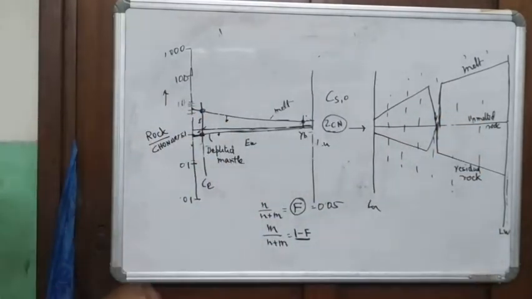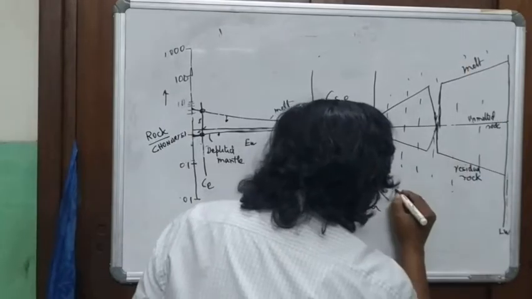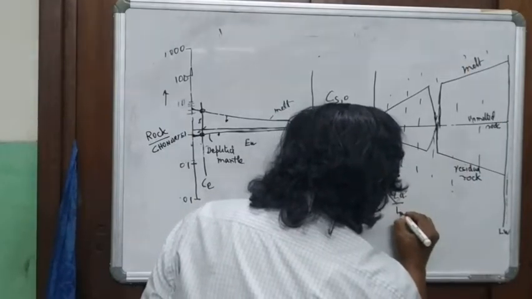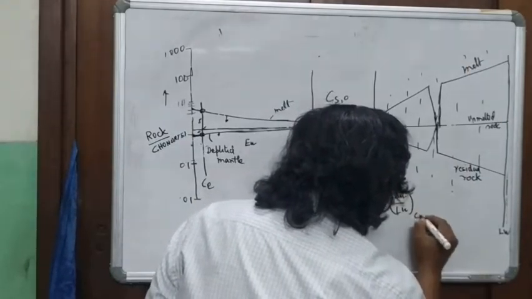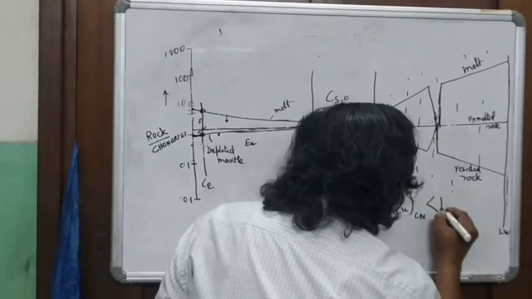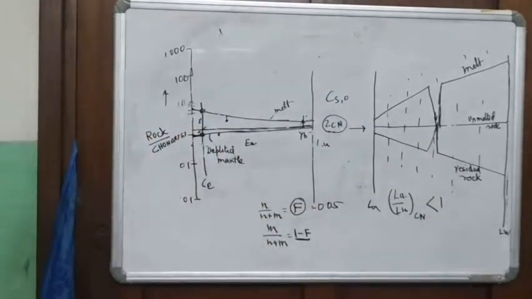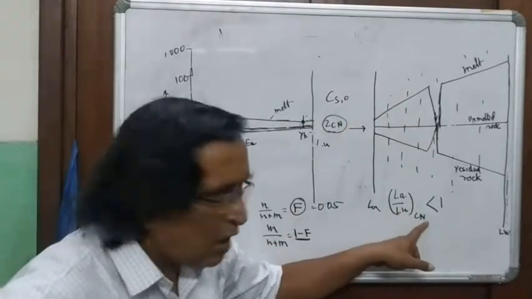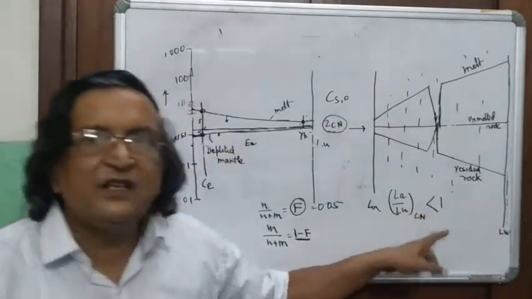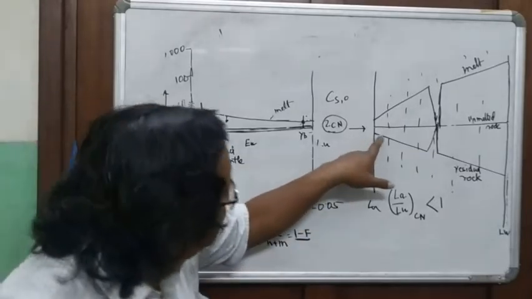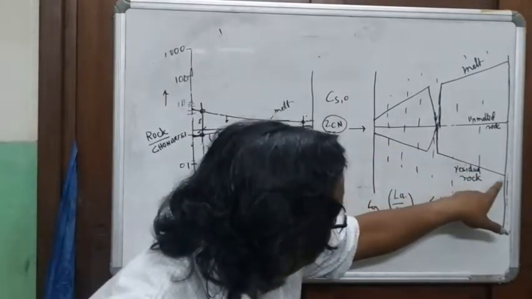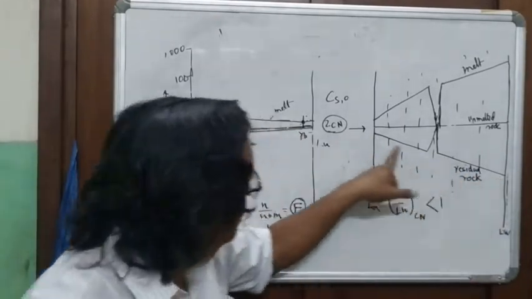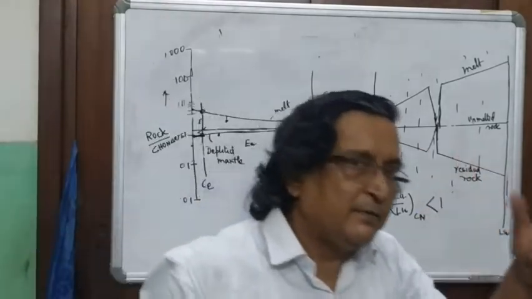Now, what will happen if you have plagioclase? La by Lu chondrite normalized in the melt should be less than 1, because lanthanum and lutetium are both incompatible, but lanthanum is less incompatible.